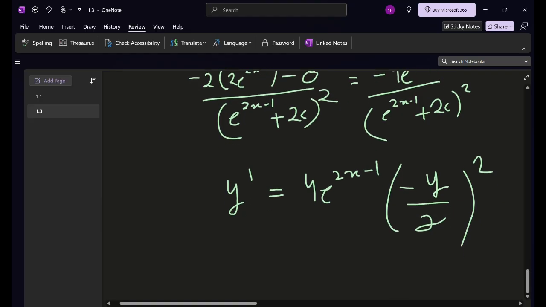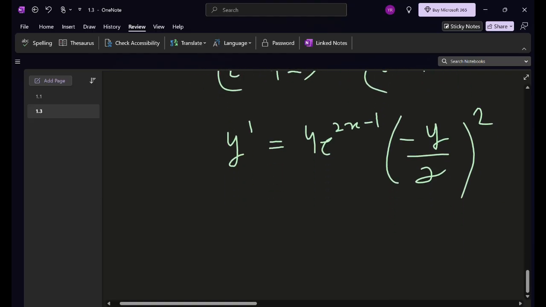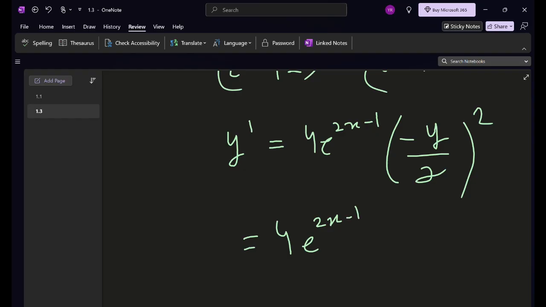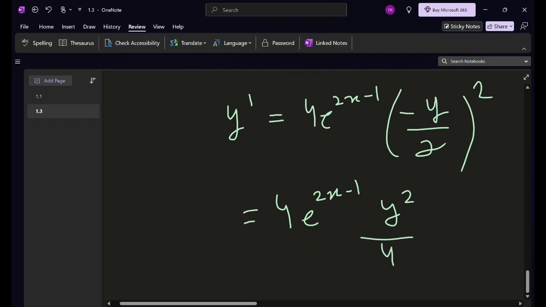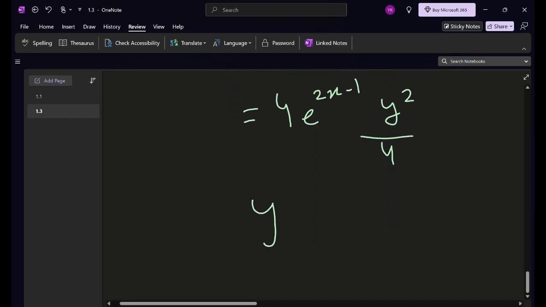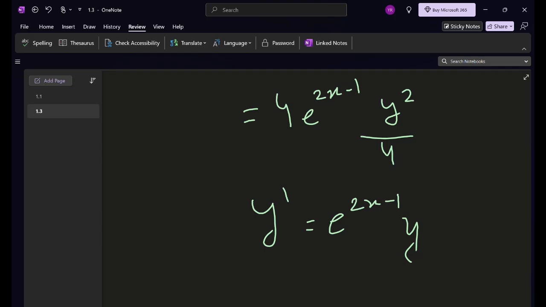So this was our initial equation, and we're gonna put the values, so this can be written as 4 e to the power 2x minus 1 y square by 4, which is going to be written as y dash is equal to e to the power 2x minus 1 y square.